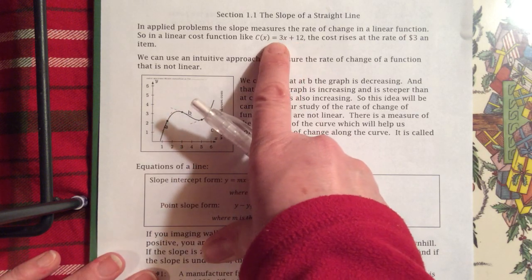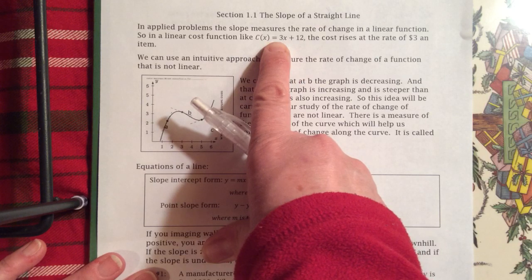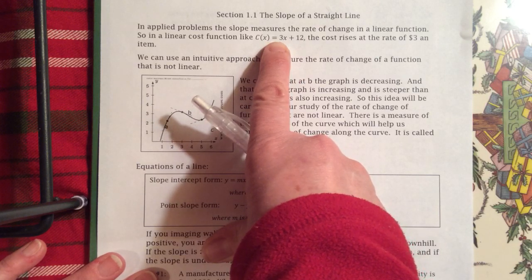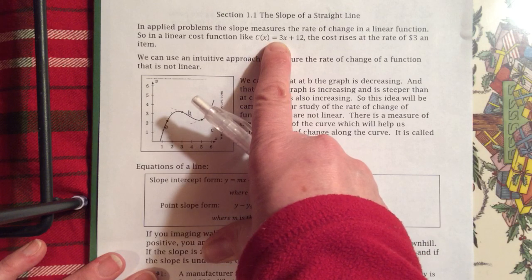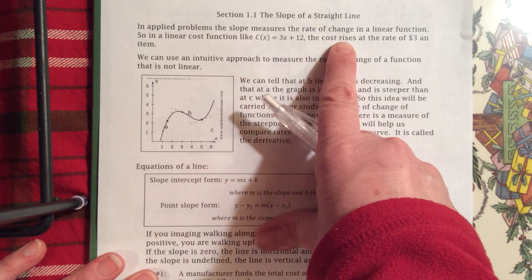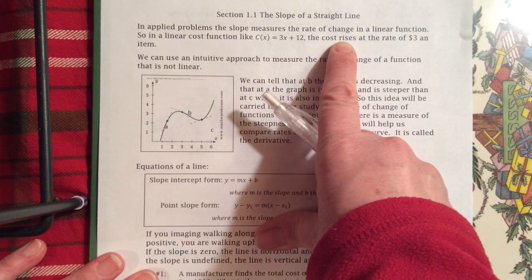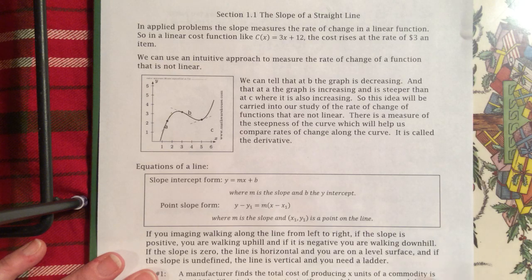And the variable cost in this cost function would be the cost for every unit that I decide to make. That means that every time I make another unit, the cost rises $3. So that is a rate of change in my cost function. Every new unit costs me $3 more.